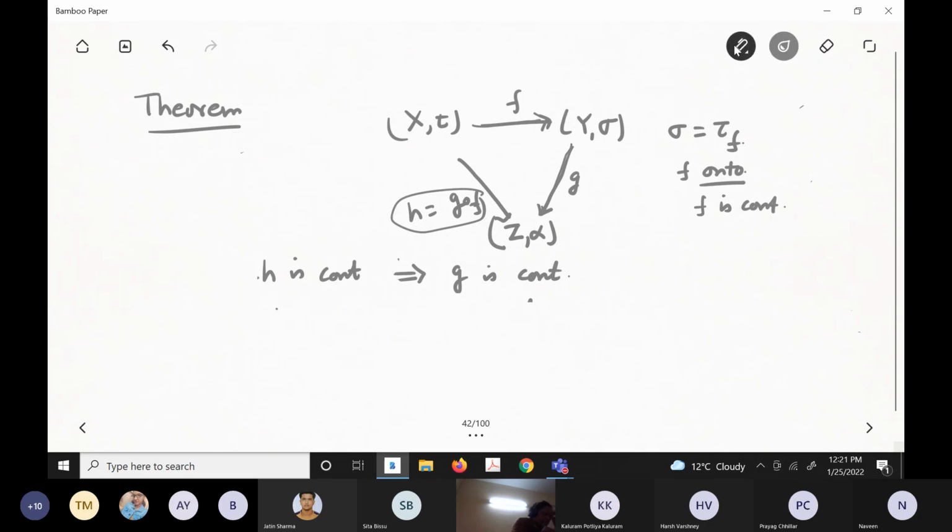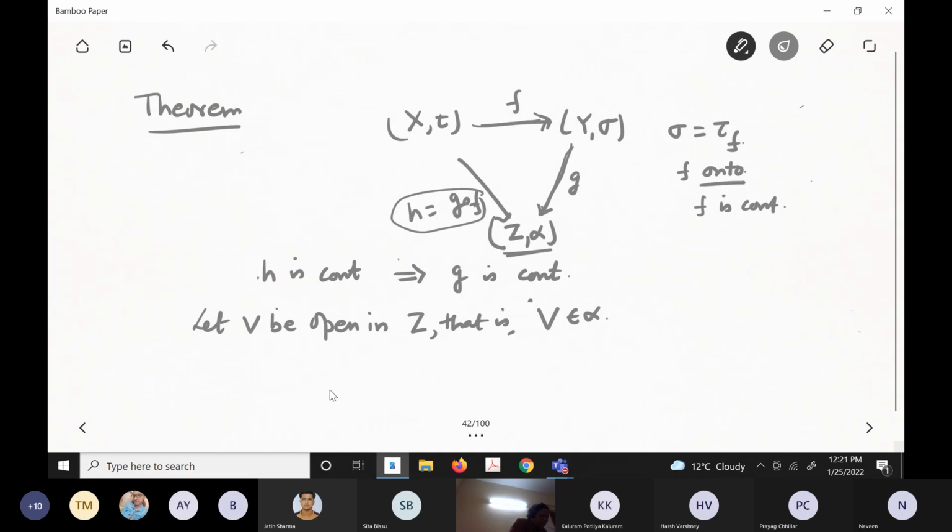Okay. H is continuous implies G is continuous. You take an open set here. Let V be open in Z, not Z alpha. Look how I am going to use the idea of the quotient topology. That is, V belongs to alpha.